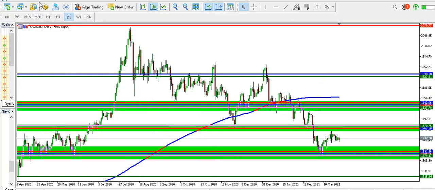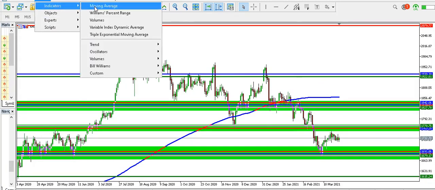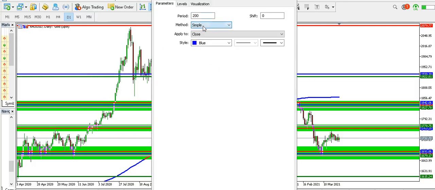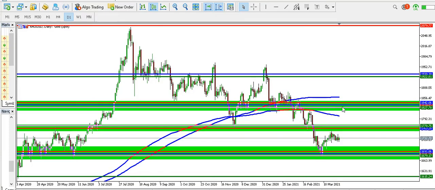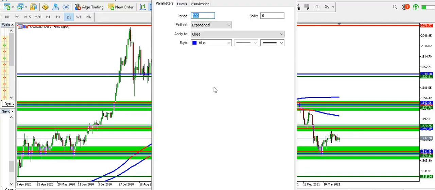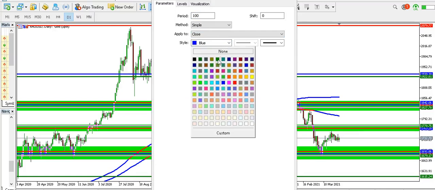And we are going to insert another moving average, the 200 exponential moving average. So we can see these two moving averages. They are going to serve as points of resistance to price. And we insert another moving average, the 100 simple moving average, and we change the color to green.